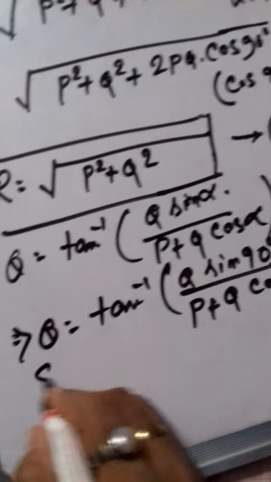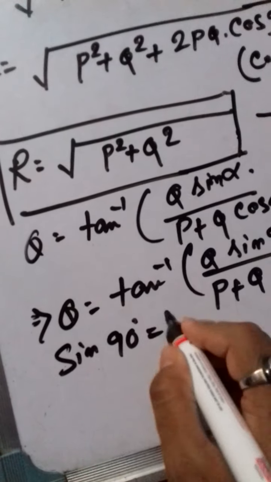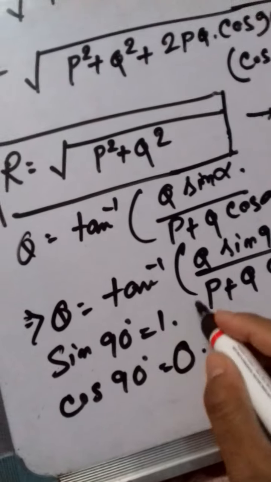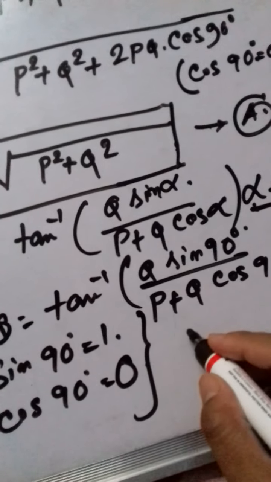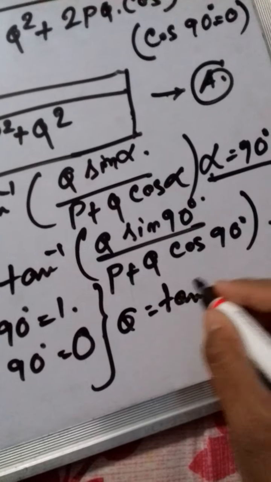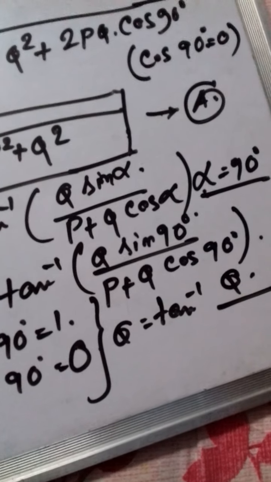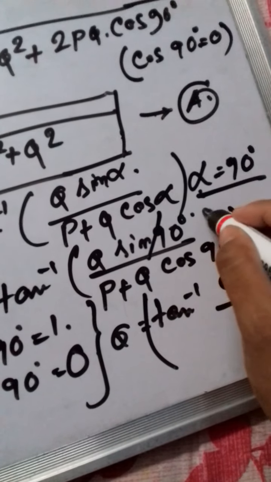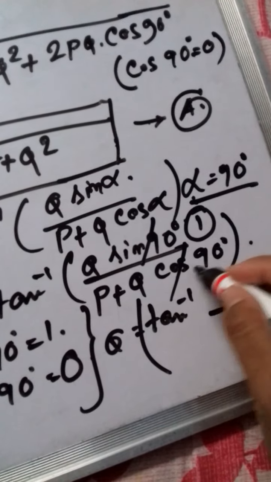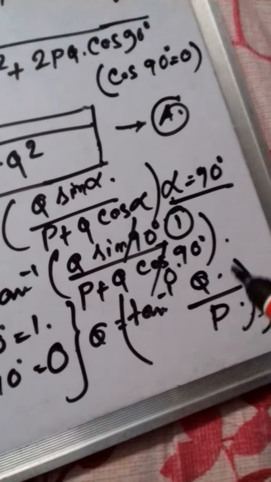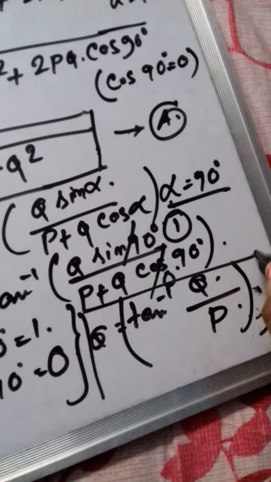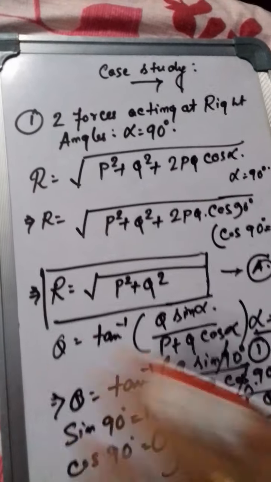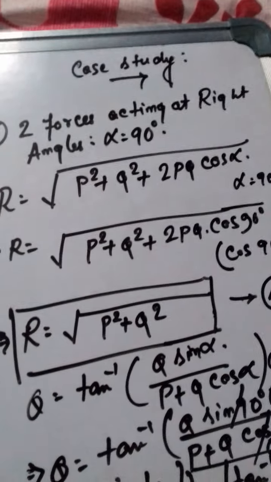Now see, we know sin 90 is equal to 1, but cos 90 is equal to 0. So just substitute, that is theta is equal to tan inverse of Q divided by P, because sin 90 is equal to 1 and cos 90 is equal to 0, so this term will get cancelled out. So this is the direction of the resultant when the two forces are acting at right angles to each other. So this is the first case, that is the two forces are acting at right angles to each other.